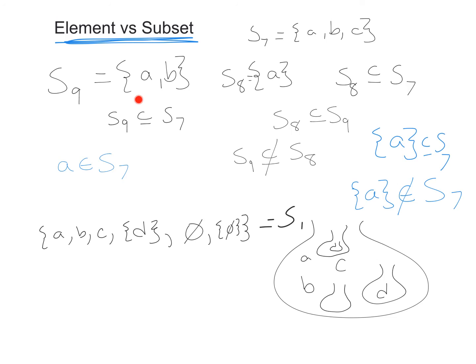But the empty set is not inside of S9, so the empty set is an element of S1, but the empty set is not an element of S9, because if we look in this one, there are no empty bags in S9, even though the empty set is a subset of S9, because the empty set is a subset of every set.